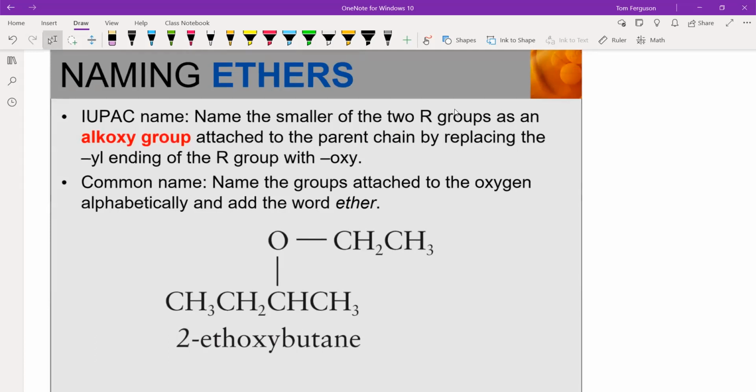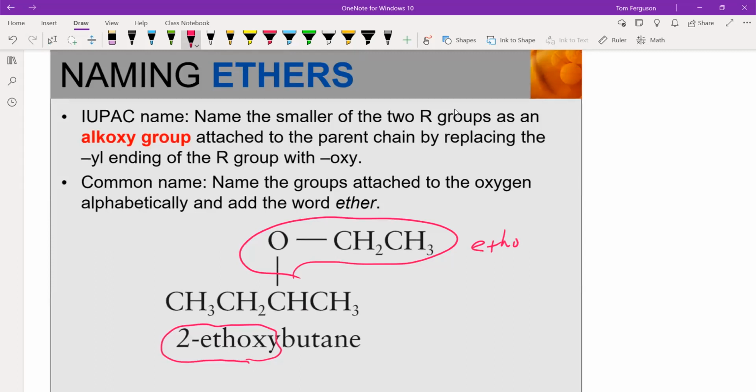There's two ways to name ethers. Using an oxy branch, in this case, this would be the oxy branch. If it was one carbon, it would be a methoxy.